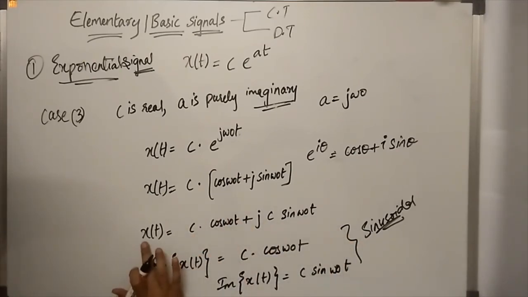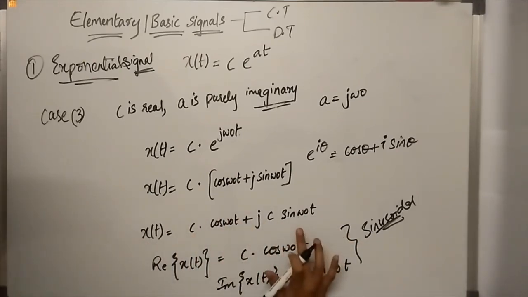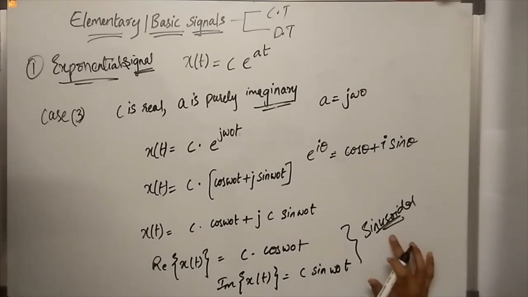Since x of t has a real part as well as an imaginary part, the real part can be represented as C cos omega naught t, and the imaginary part as C sin omega naught t. And these are purely sinusoidal signals. So this is the case when C is real and A is purely imaginary.